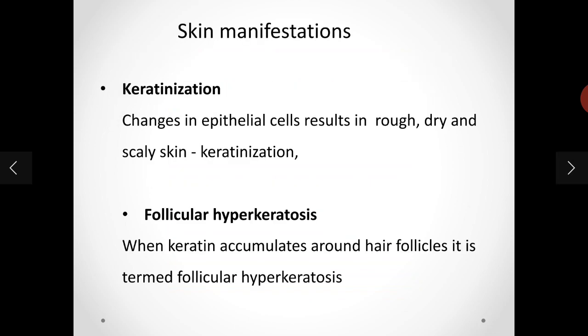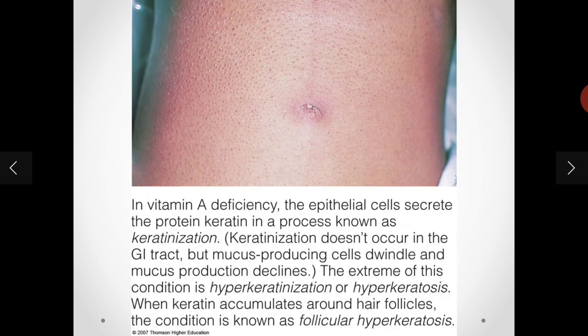And coming to skin manifestations, keratinization of your skin leads to rough, dry and scaly skin, and follicular hyperkeratosis, where the keratin accumulates around your hair follicles, and it is termed follicular hyperkeratosis.